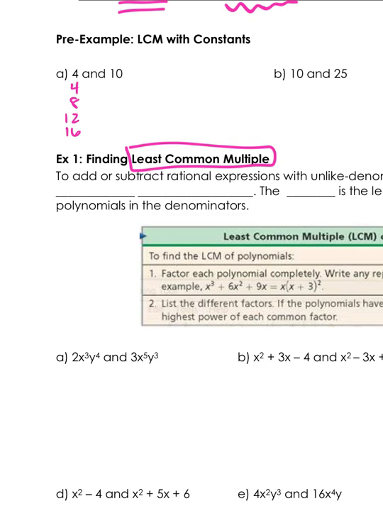And then I'm going to do the same thing for 10. I've got 10, 20, 30, 40. I haven't quite found a multiple yet, so I'm going to go one more for 4. The next multiple would be 20. So I see that's in both of my columns. So my least common multiple is 20.